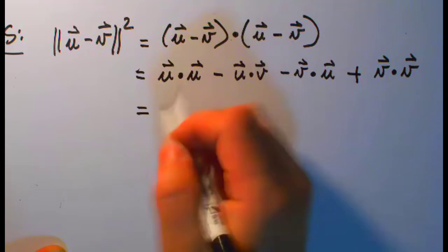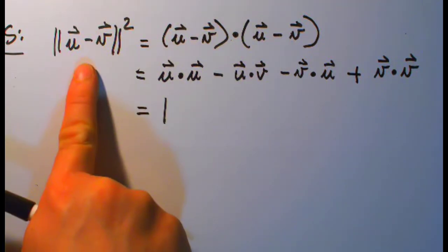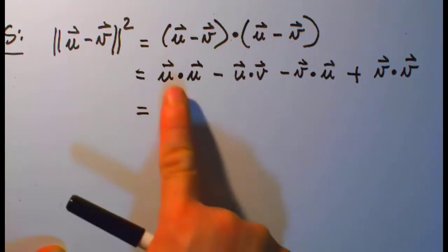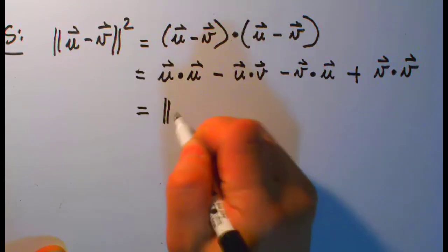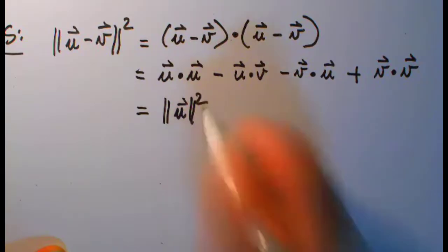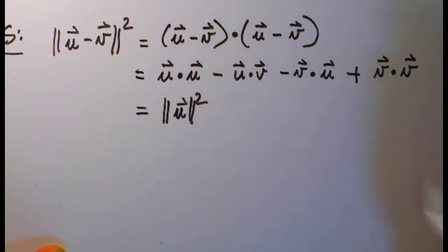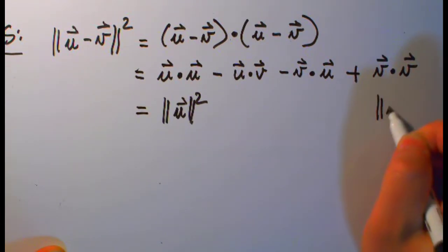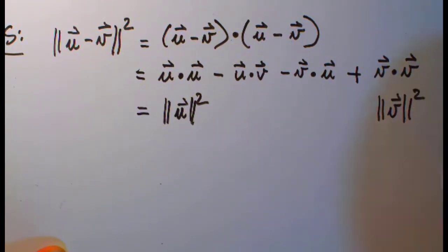Anytime a vector dotted with itself is the same as the length of that vector squared. And here we have another one, so the length of v squared is here.